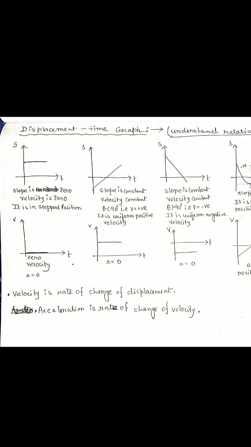Uniform positive velocity, that means velocity does not change with time, so acceleration is 0. Velocity is constant, that's why the nature of the velocity time graph is parallel to the time axis. This will be the corresponding velocity time graph for that displacement time graph.